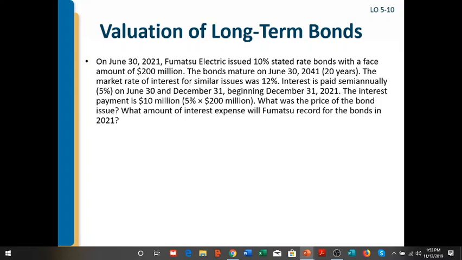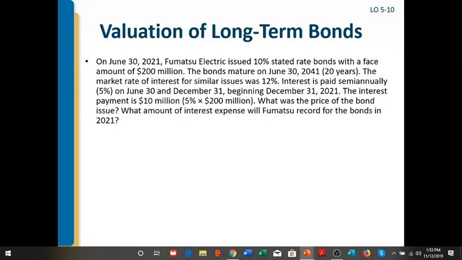So really you have an annuity payment twice a year until maturity, and then a payment at the very end. So you have to figure out the present value of the annuity payments plus the present value of $1, the payment of the face value of the bond at the end.